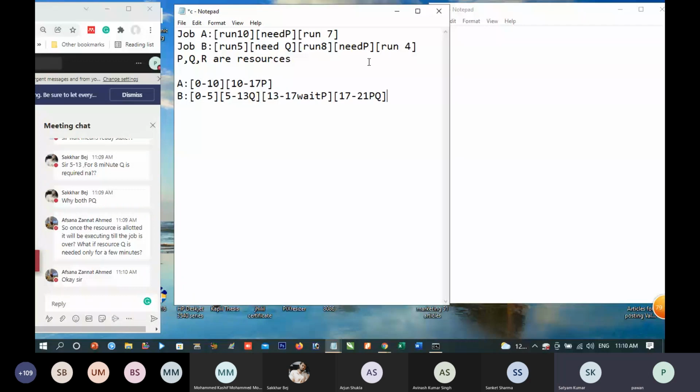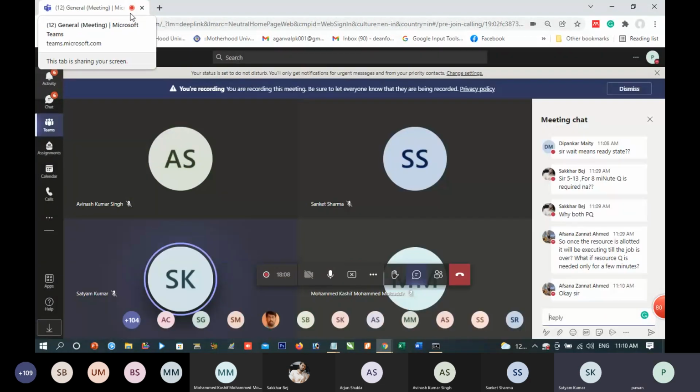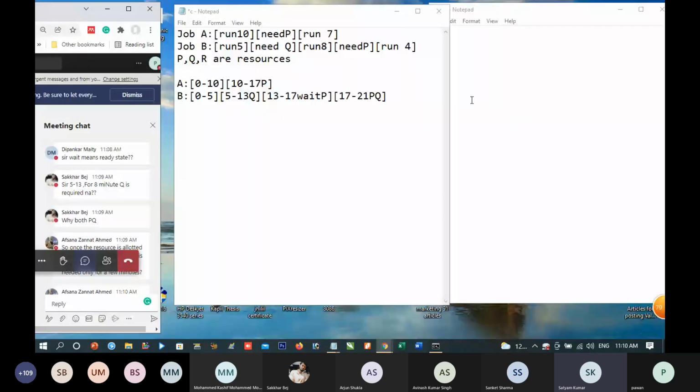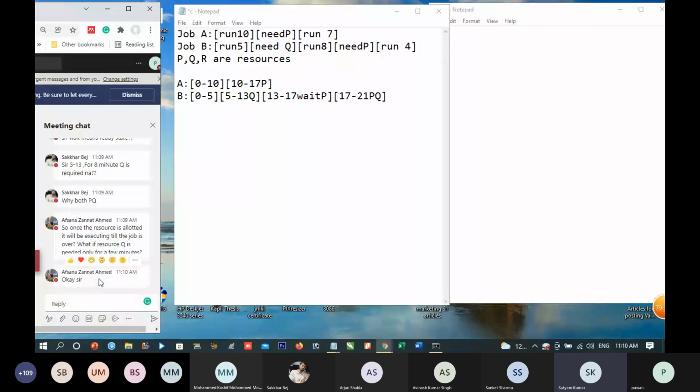For the programs to run, resources are required. The most important resource is the CPU. But there are other resources.